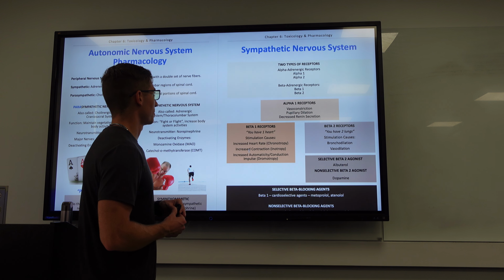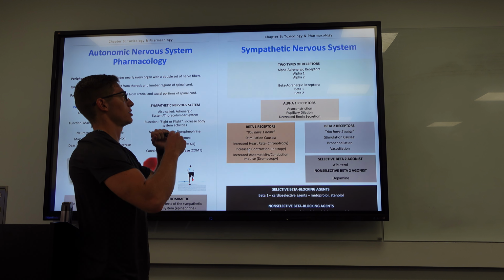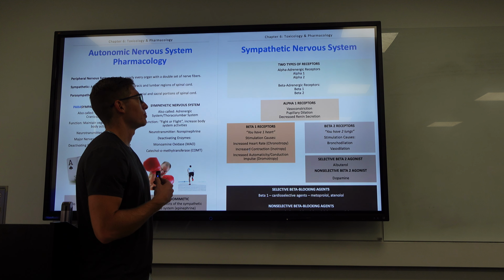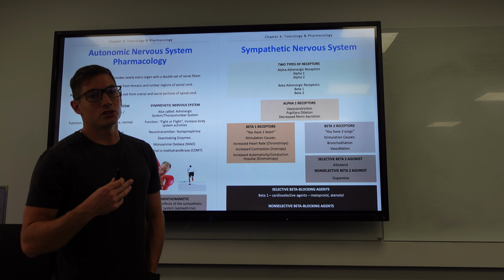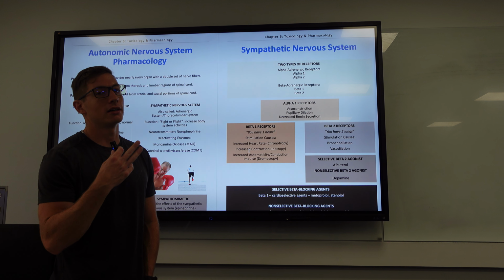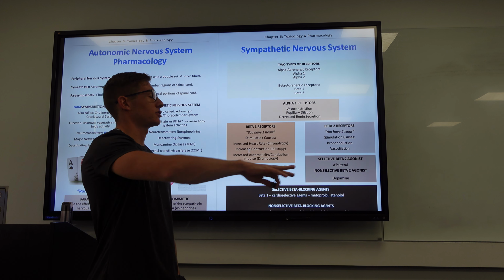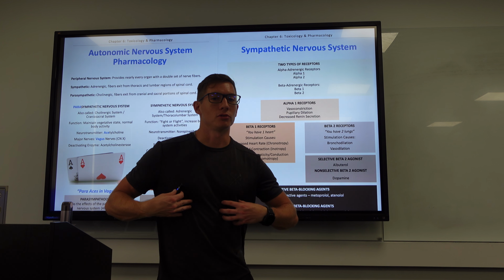Looking at our sympathetic nervous system, we have two types of receptors. We have our alpha adrenergic receptors, your alpha 1 and alpha 2, and then you have your beta adrenergic receptors, beta 1 and beta 2. As far as where the beta receptors connect to, you have beta 1 because you have one heart, and then beta 2 because you have two lungs.